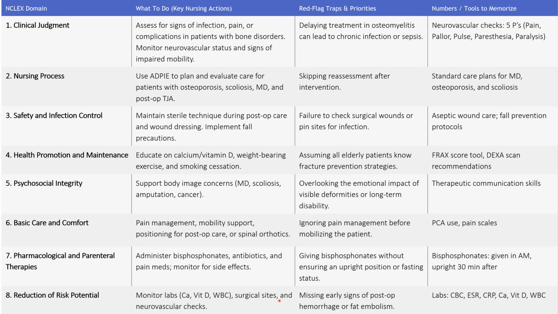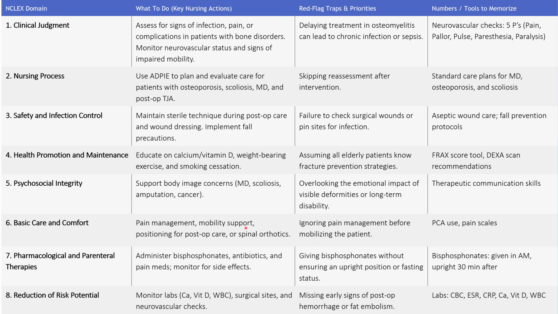Skipping reassessment after intervention is a red flag. So usually you need to know that after 30 to 60 minutes, you need to reevaluate. Standard care plans.